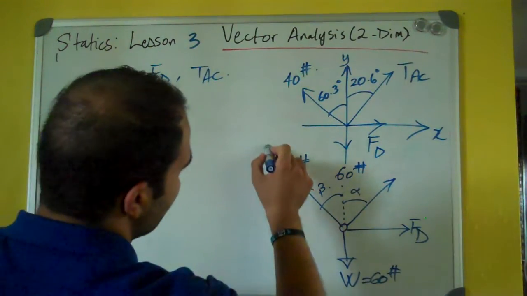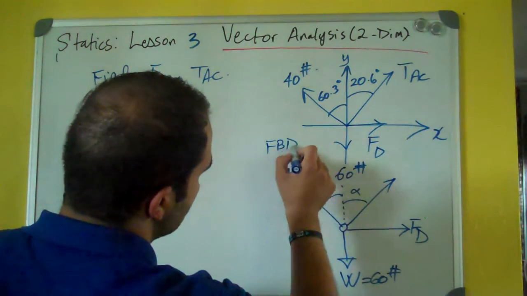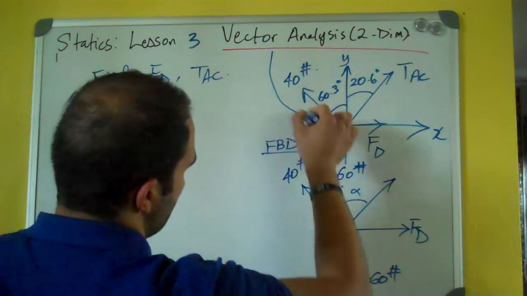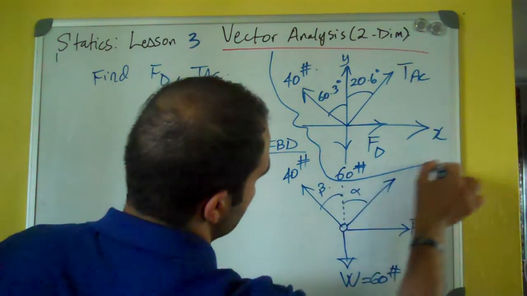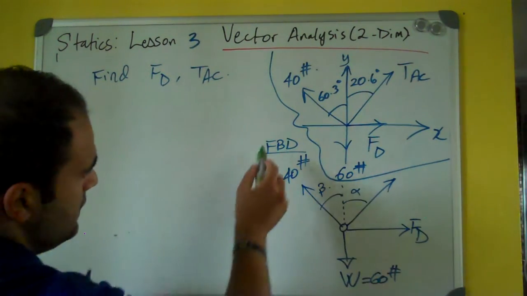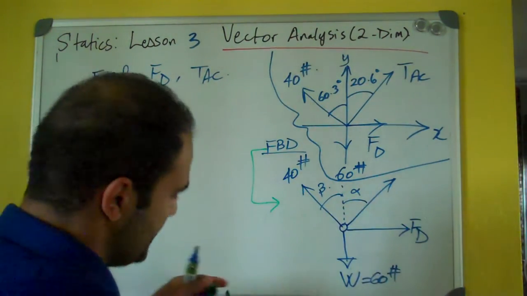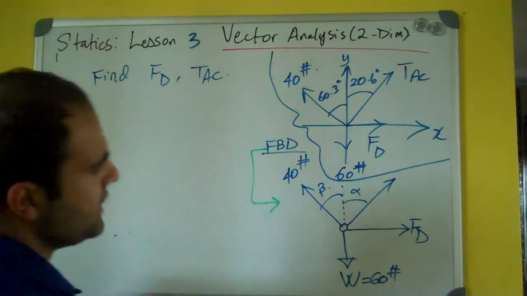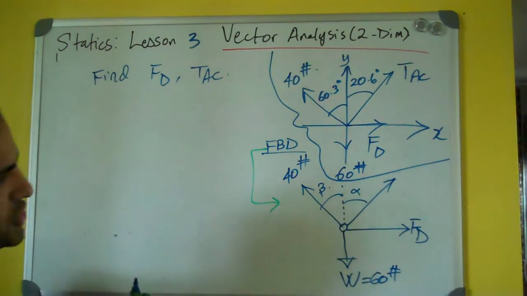So this is what we call the free body diagram. Here's the problem sketch, and here's your free body diagram, showing exactly what's unknown versus known.